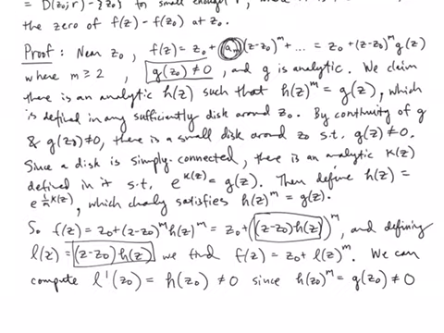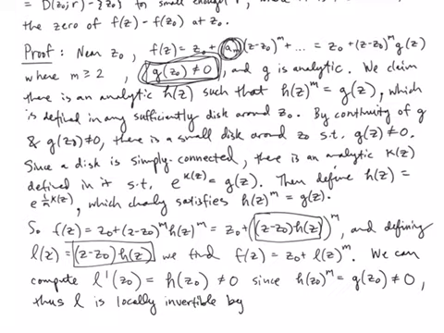You refer back up here in the proof. Okay, so h of z naught can't be 0. Thus, L is locally invertible by the inverse function theorem.